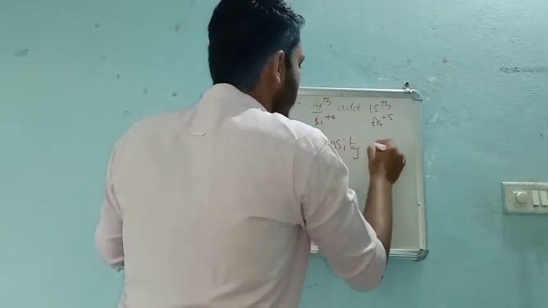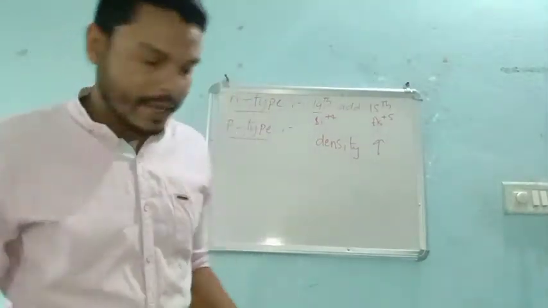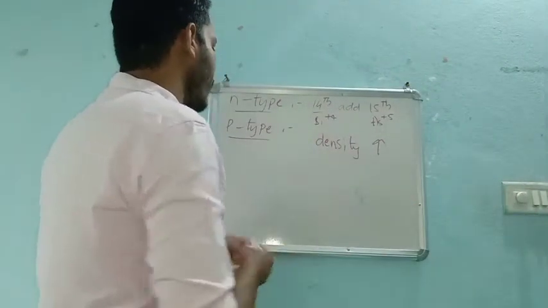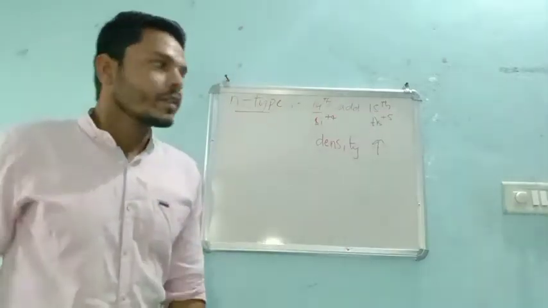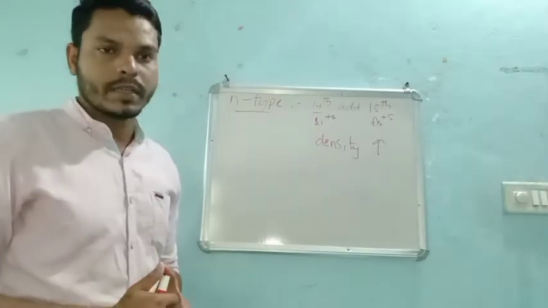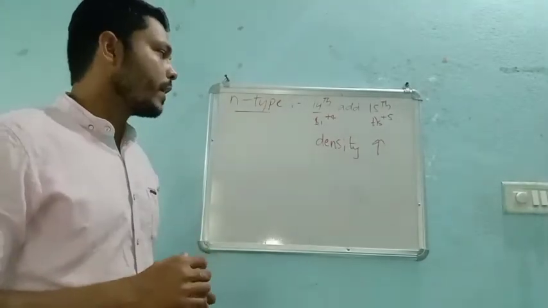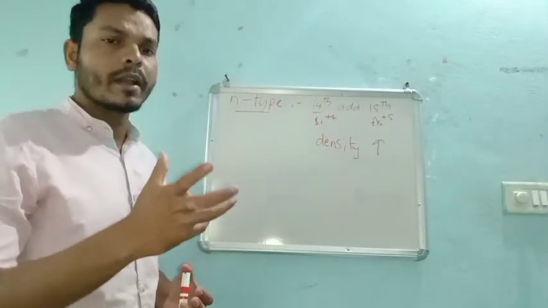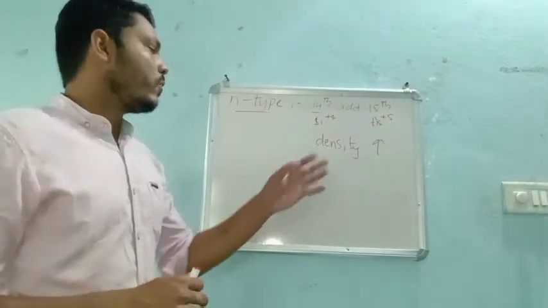Very important: the density in case of N type semiconductor increases. Because we are adding one extra electron into the host matter, the total matter becomes negative in character.